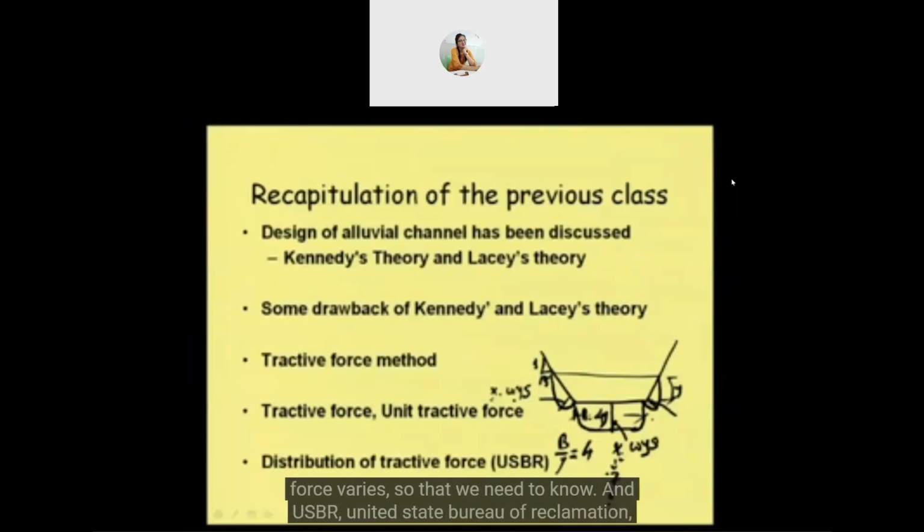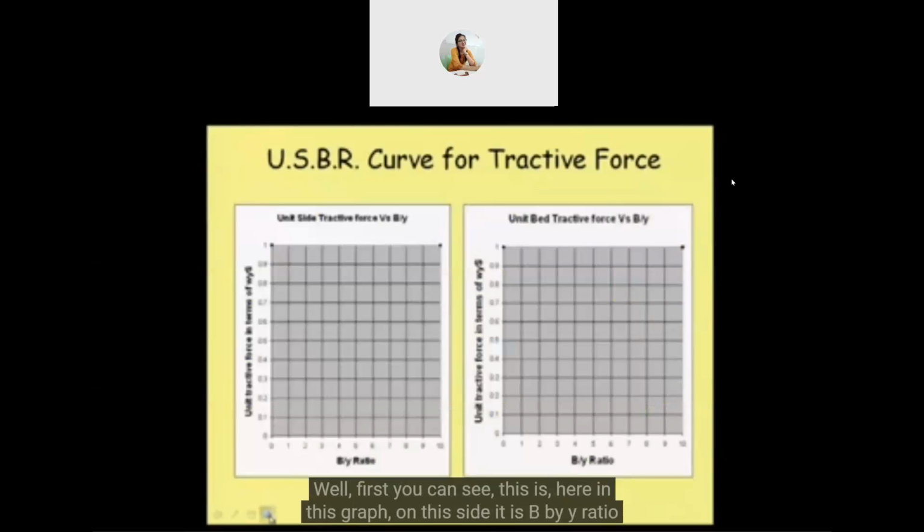And USBR, United States Bureau of Reclamation, again gave some curves for that. These curves can be used for the design of tractive force. Let us see how these curves are. Well, first you can see in this graph, on this side the B by Y ratio is plotted, and they examined up to 10.